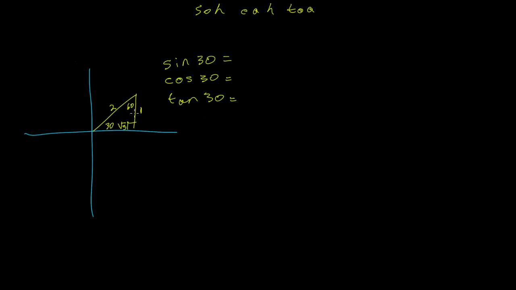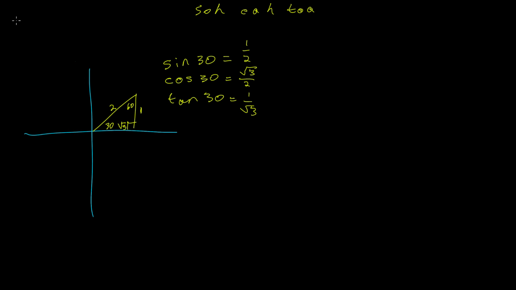Well, what's the sine of 30? That's opposite over hypotenuse, right? So that's 1 over 2. What is the cos? Well, that's adjacent over hypotenuse, root 3 over 2. And tan is opposite over adjacent, 1 over root 3. Okay, easy enough.